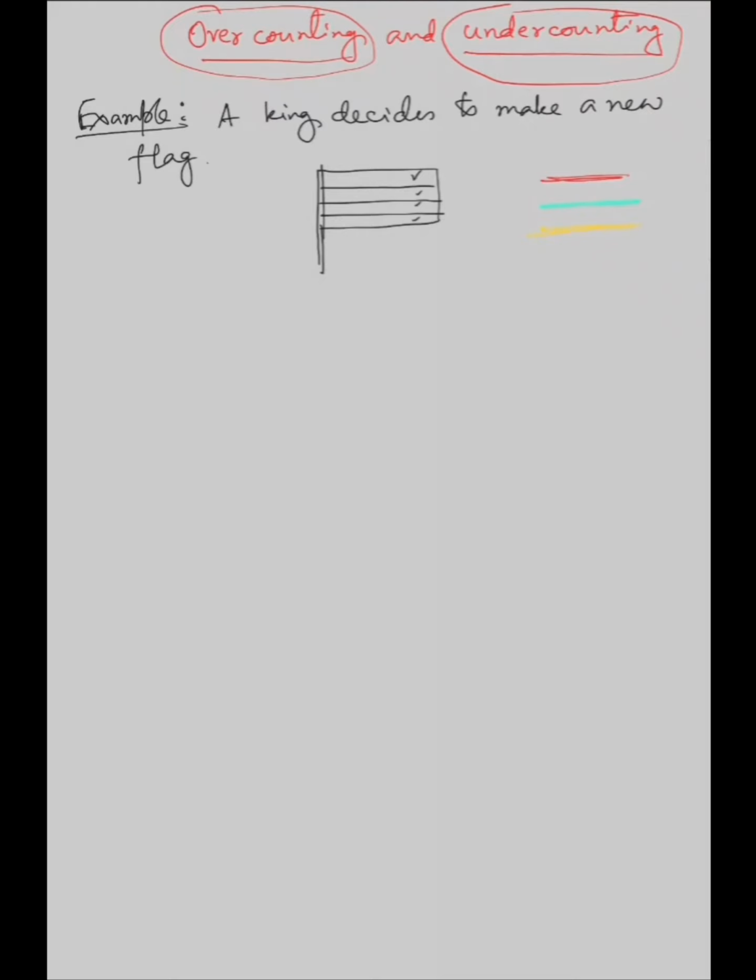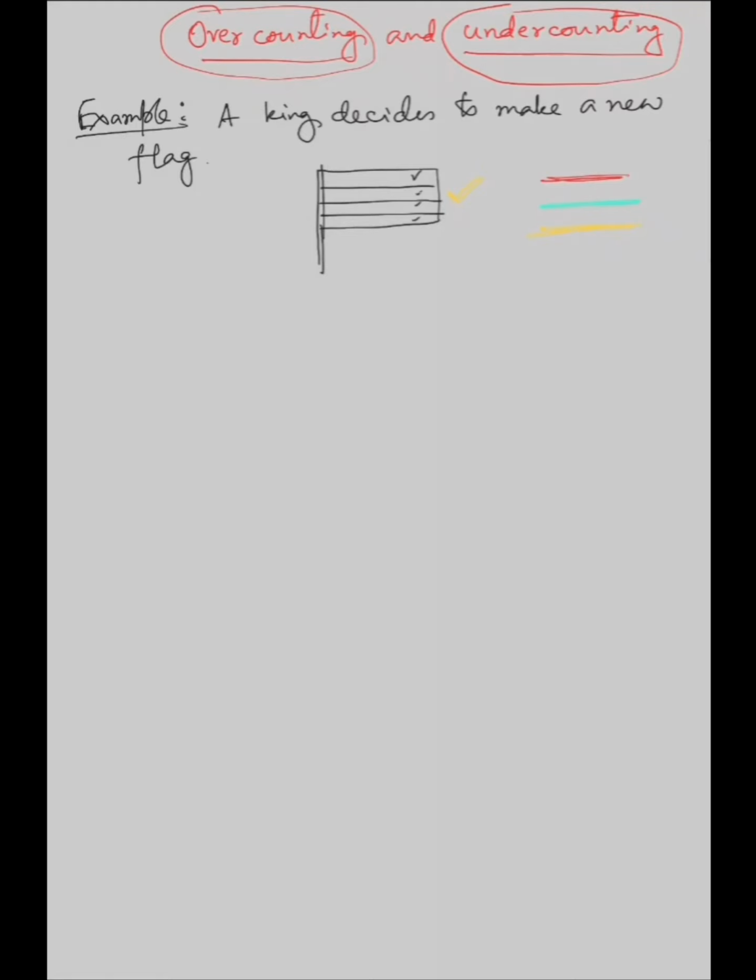We have to apply these three colors in these four bands. So he has ordered the designers to make all possible designs using these three colors in these four bands. He will choose one of them, but how many designs will come out for this flag?